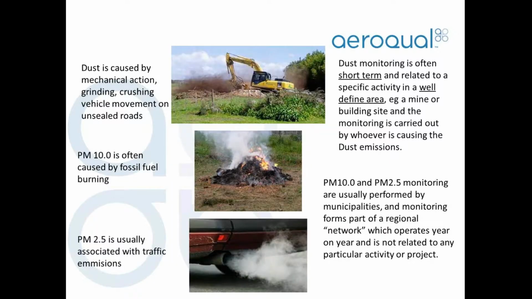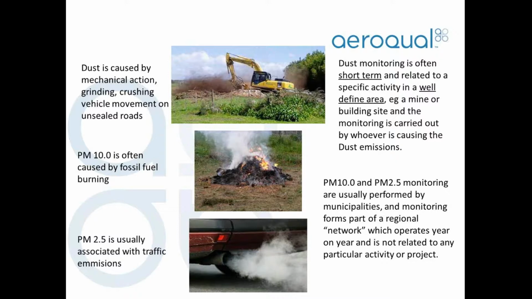So what are the sources of dust and what are the sources of particulate matter? Dust is usually caused by some kind of mechanical action. It can be grinding, crushing, such as you might find at a quarry. Very often it's vehicle movement on unsealed roads which causes dust emissions.